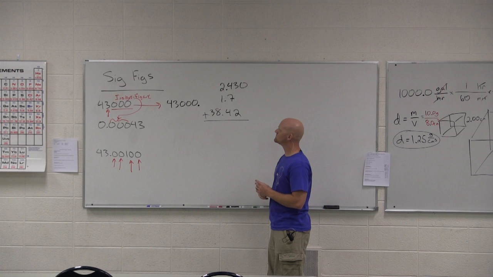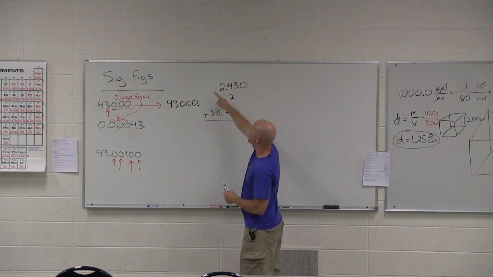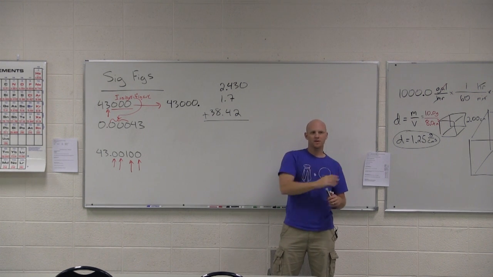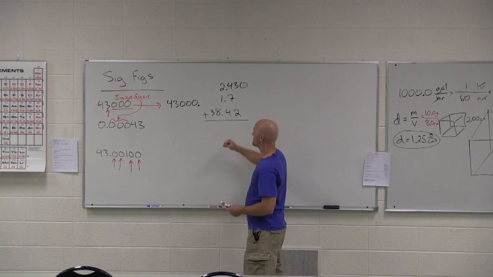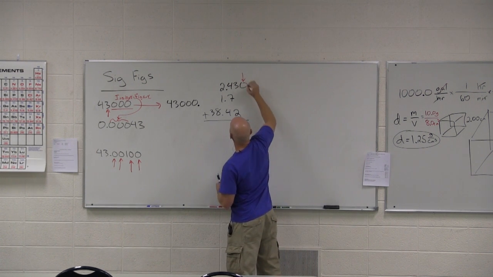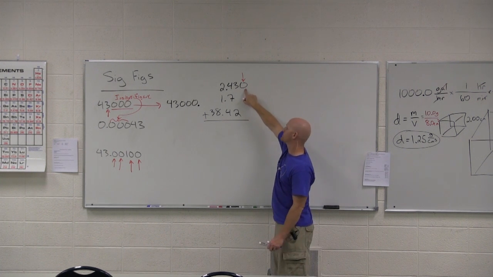How many decimal places you go over? Yeah. So whatever the least precise of these numbers is, not in total number of sig figs, but to what decimal place we know it to, that's what's going to determine the decimal place for your answer. So in this case, with this number, its most significant digit here is in the what place? Thousands place.